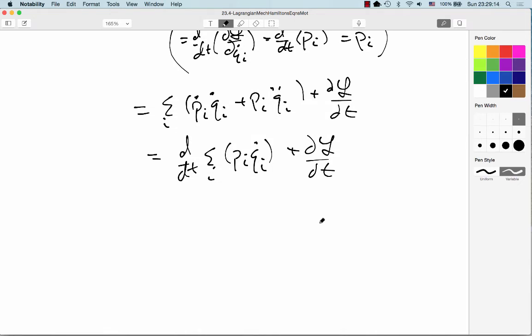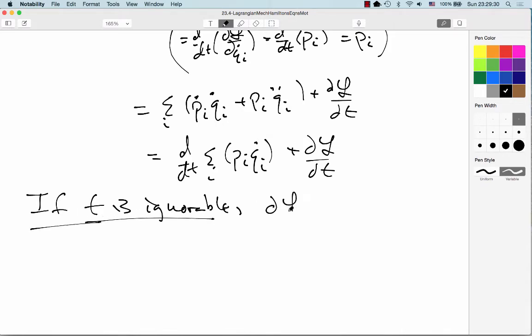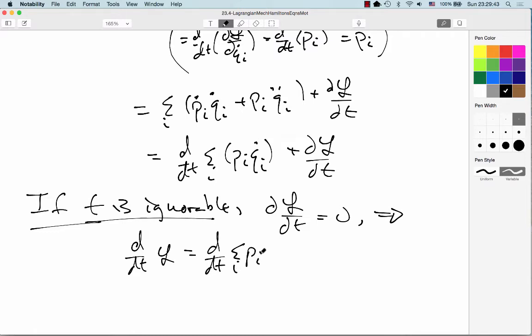So here's the trick. If t is ignorable, so that's our big assumption, then we can say that partial L partial t is 0. And that will give us that dL/dt is just d/dt of the sum over i of pi qi dot.